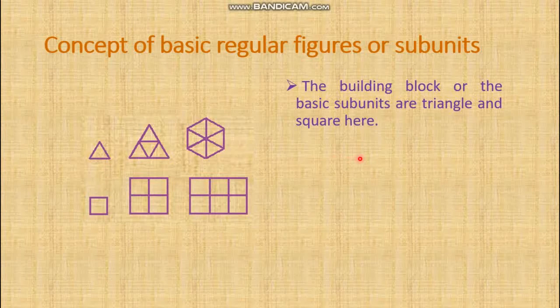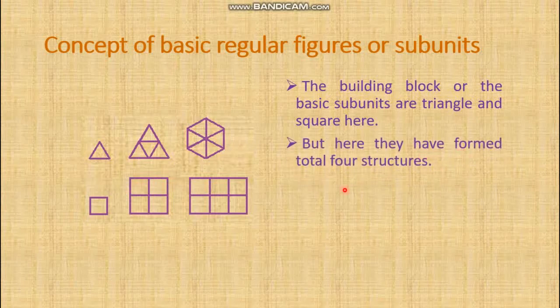The building block or the basic subunits are triangles and squares. Here in this example particularly. Okay, but here they have formed total 4 structures. This triangle has formed a big triangle, big equilateral triangle, along with a hexagon, equilateral hexagon, and this square has formed a big square and a rectangle.